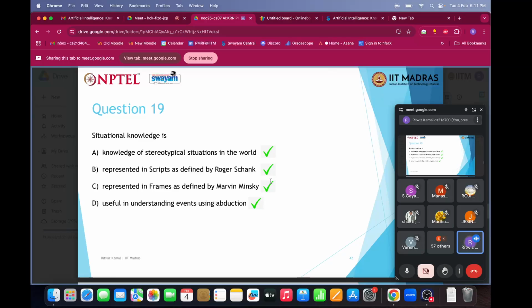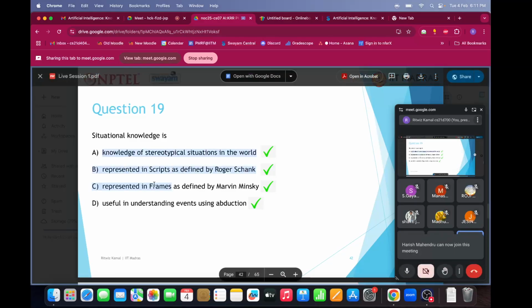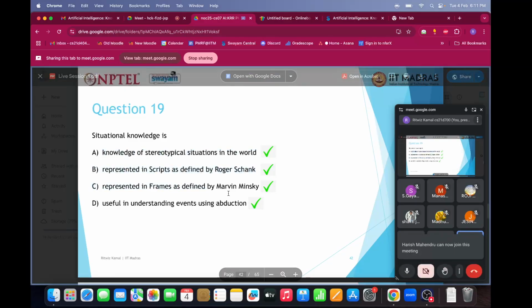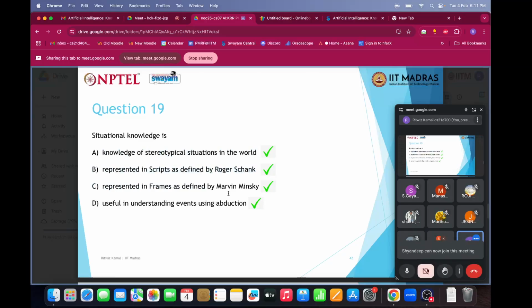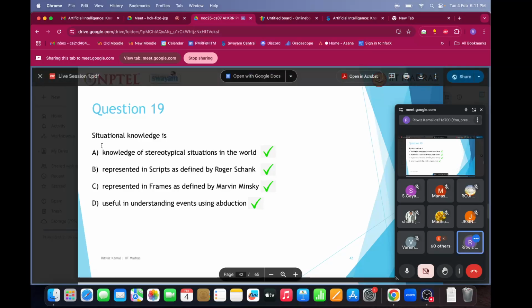So just be careful when you answer. Let's say in the assignment this question was asked and you selected only the first three options, you won't be getting partial marks, right? I'm not sure how that is graded, but it's better to select all the correct options rather than just a few of them.